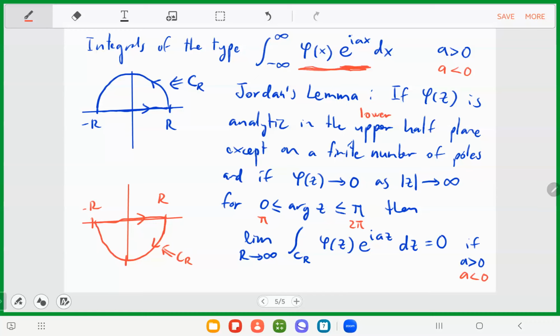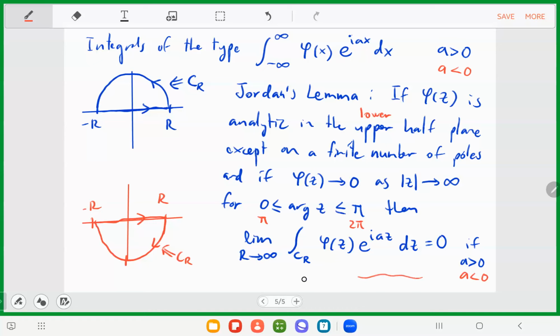But Jordan's lemma is telling us that yes, it converges as long as this function goes to 0. Then, well, you have to imagine this thing is just going to include some argument that oscillates between -1 and 1, for example, for the cosine, between -1 and 1 for the sine. So it's like a number on the unit circle, and that doesn't change the fact that this integral goes to 0.